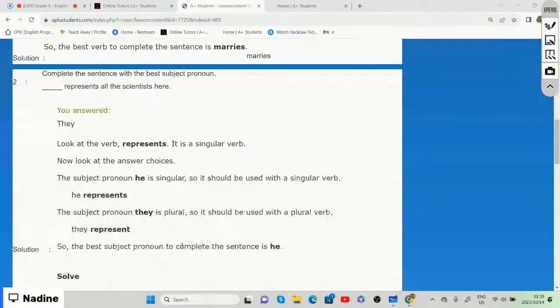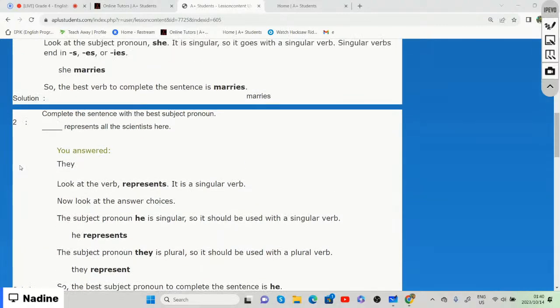Then we need to complete the sentence with the best subject pronoun. It represents all the scientists here. All the scientists. So, if we are not here, right?